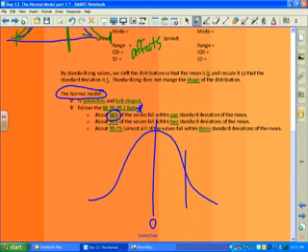If there's the mean, and here's 1 standard deviation, and here's minus 1 standard deviation. So here's the average height. 68% of women fall within 1 standard deviation of the average.